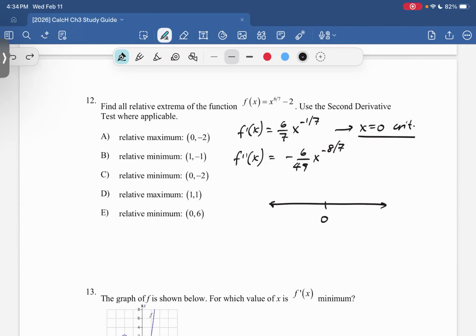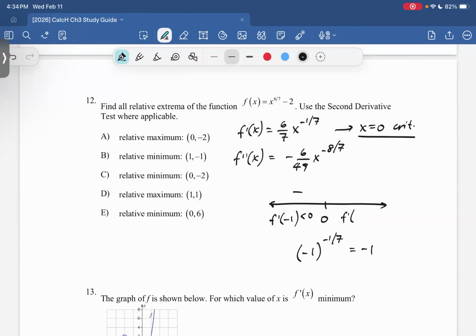So we can try stuff. If we plug in -1, -1 is going to give us a negative number because -1 to the negative 1/7 power is equal to -1. We have negative.